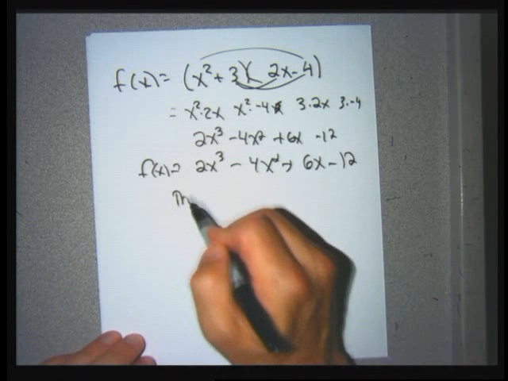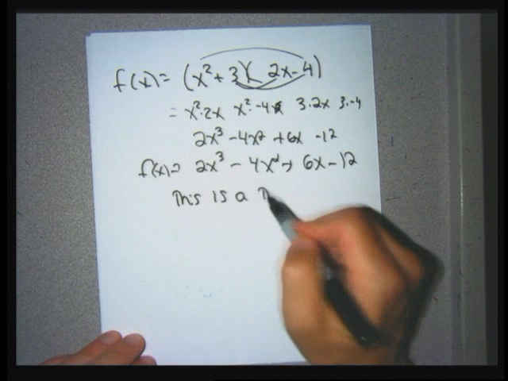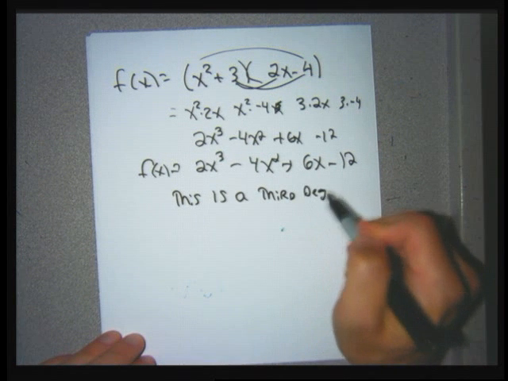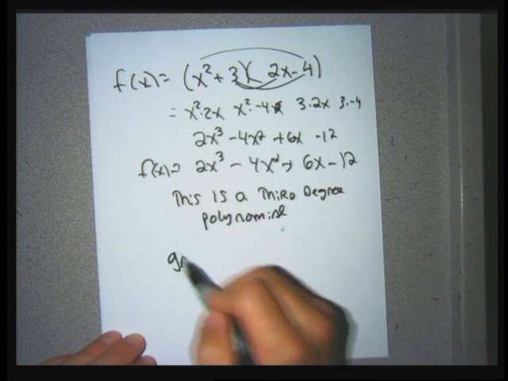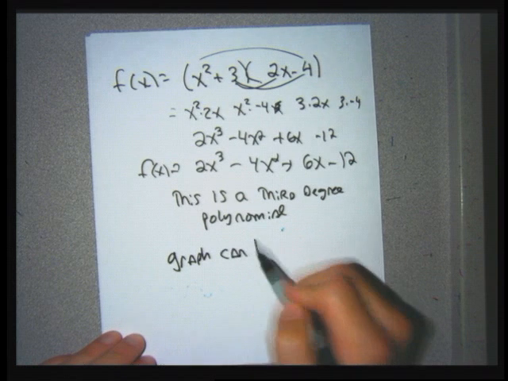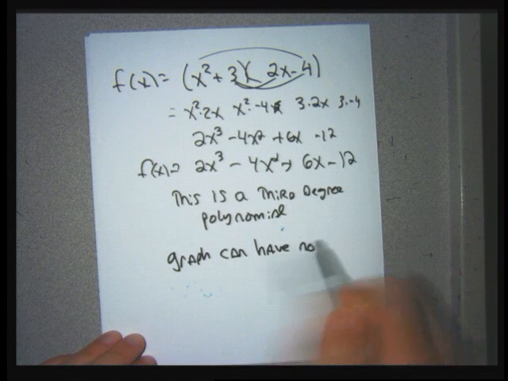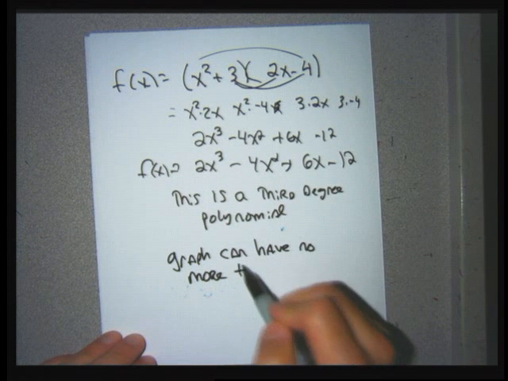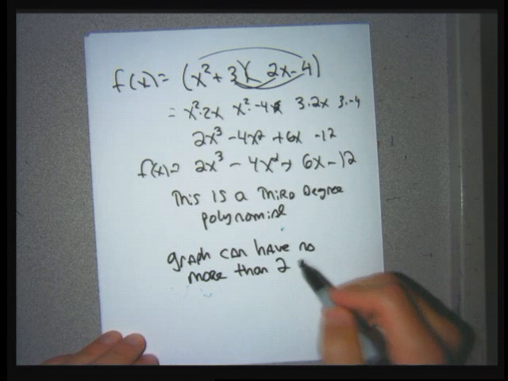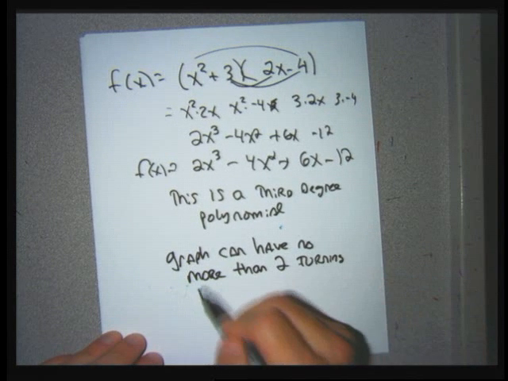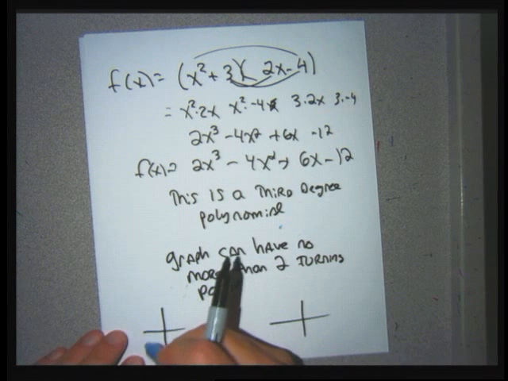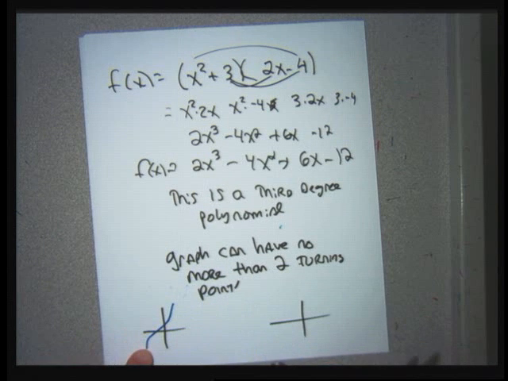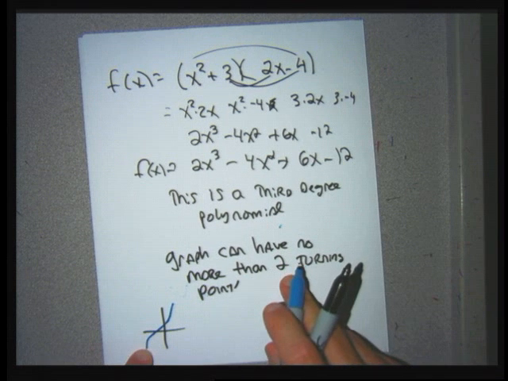Which means the graph can have no more than 2 turning points. So here's a graph that has no turning points. That could potentially be the graph of this function because that's not violating going over 2 turning points.